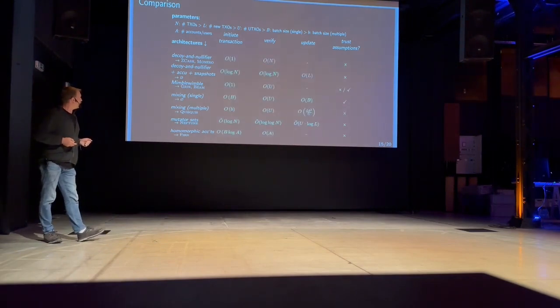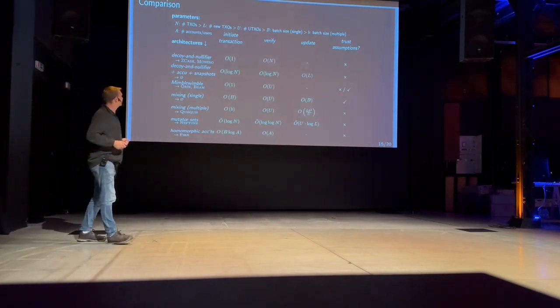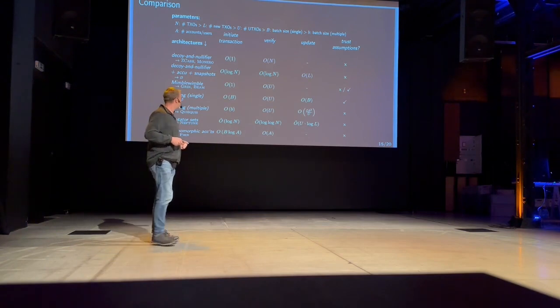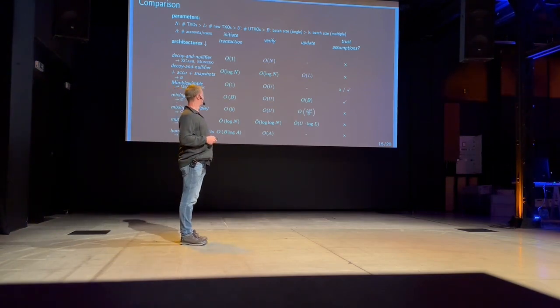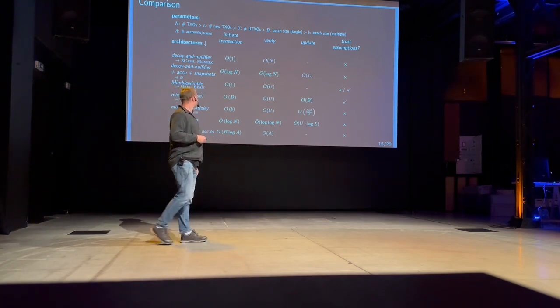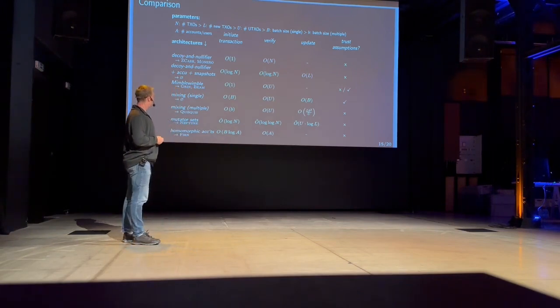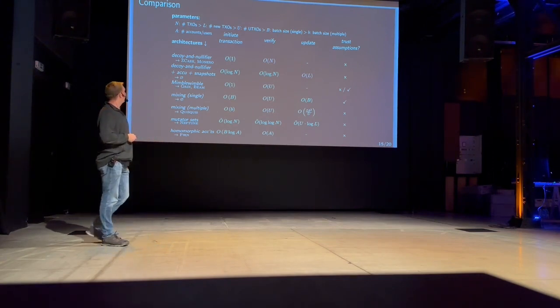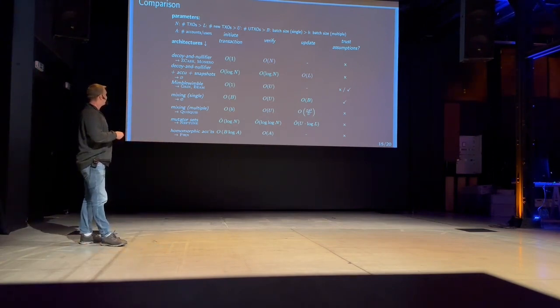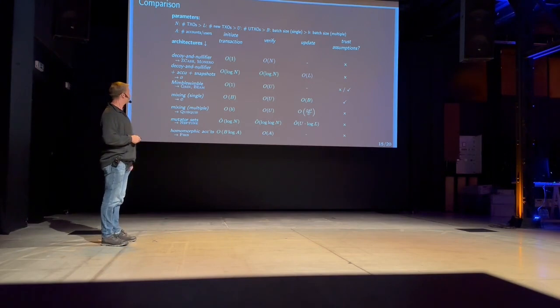So then we have a whole bunch of costs, and it's a shame that the red in the projector doesn't seem to be working, because anything that's linear in N or L is red. If it's U, it should be orange. And yeah, basically the decoy and nullifier sets, they both have red cells.